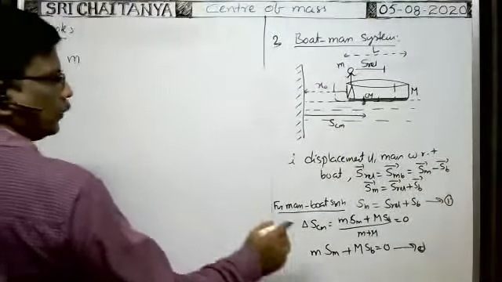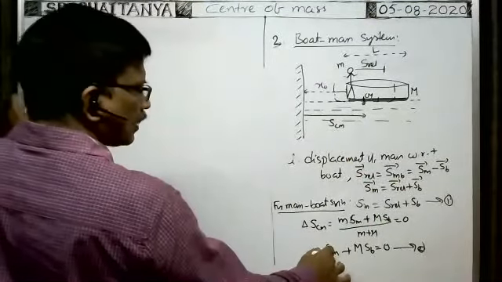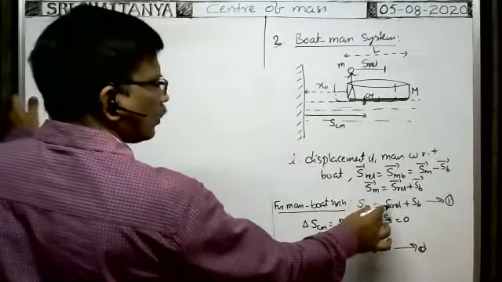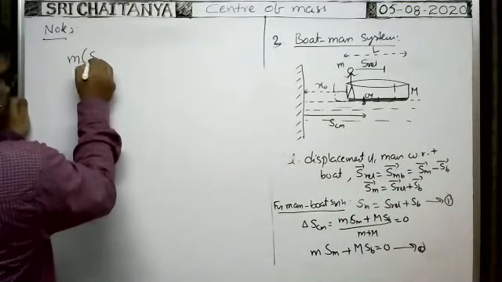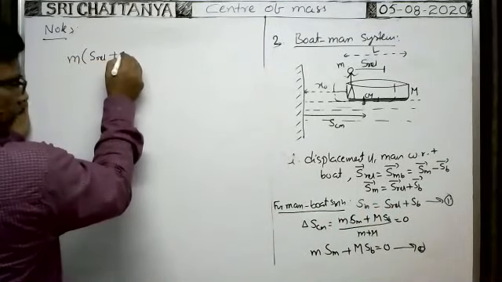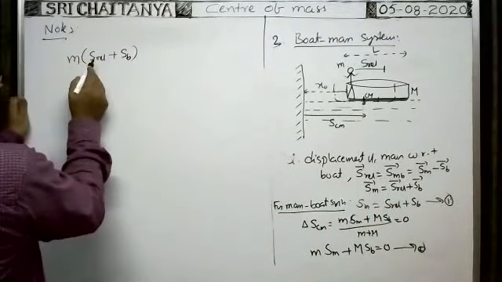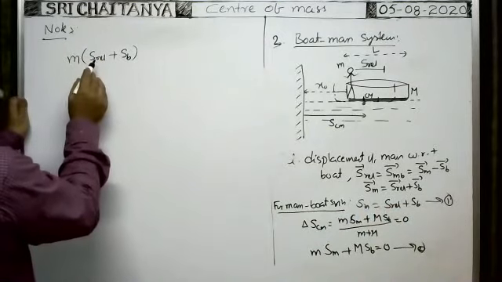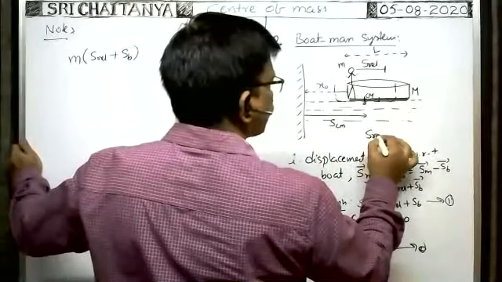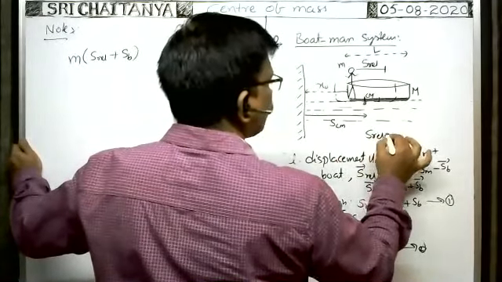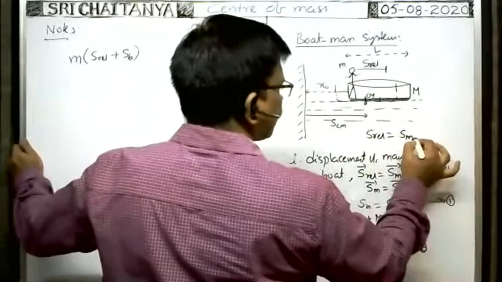Instead of SM, you substitute SM is equal to S relative plus SB. S relative is the relative displacement of the man with respect to the boat.